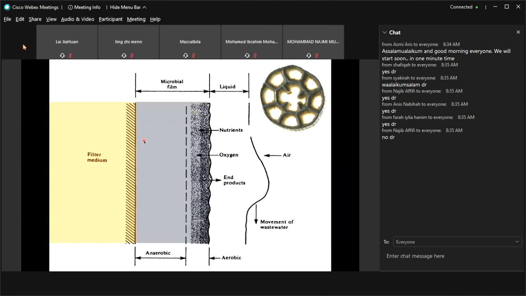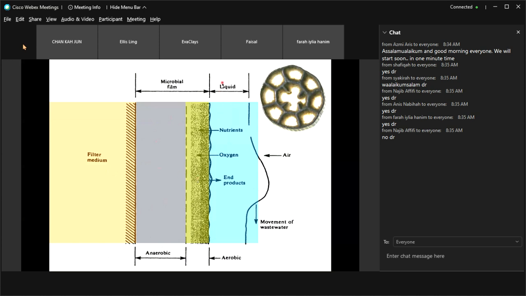So as the film grows, okay, it will grow and grow, and the wastewater passes through the biofilm. Initially it passes through the media, and eventually the biofilm will develop.